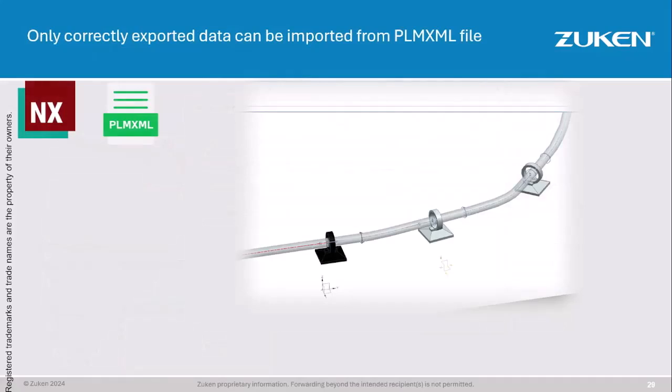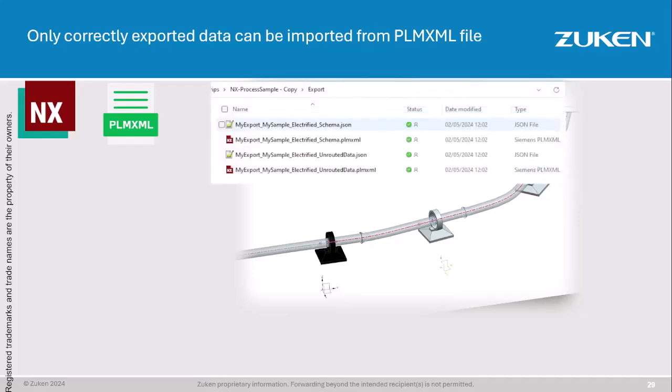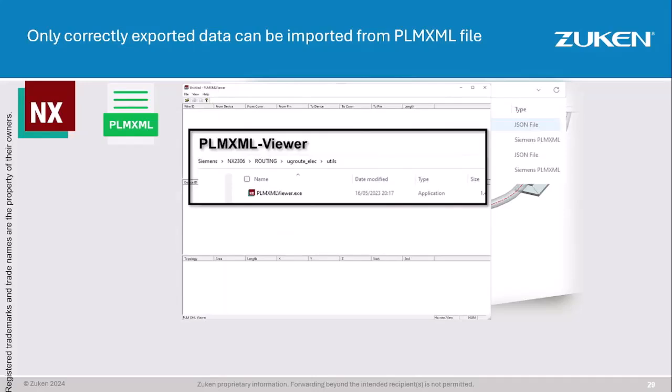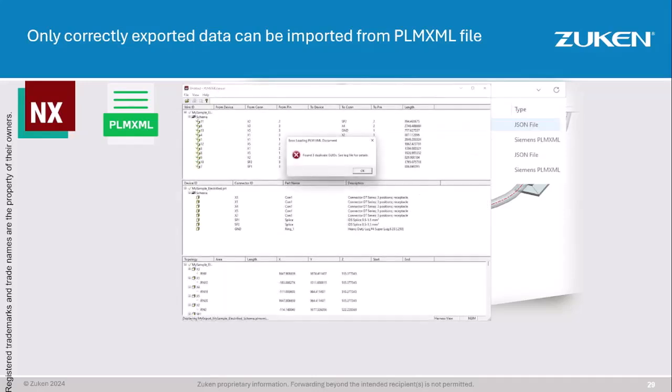Again, we can only read correct information. Only correctly exported data can be imported from the PLM XML file. If anything is unrooted in NX or in the PLM XML file, it can't be read into our transformer. If we look at our PLM XML using a PLM XML viewer, we can query the integrity of the data.